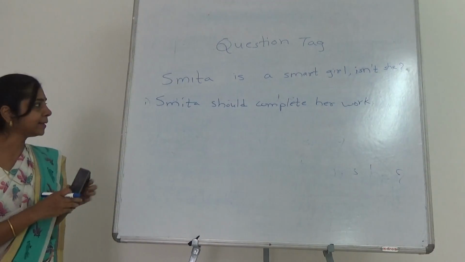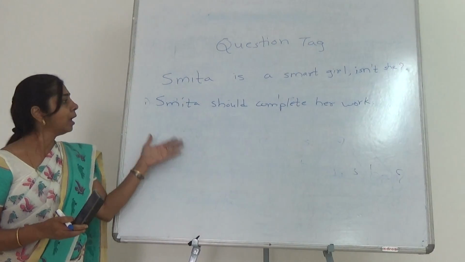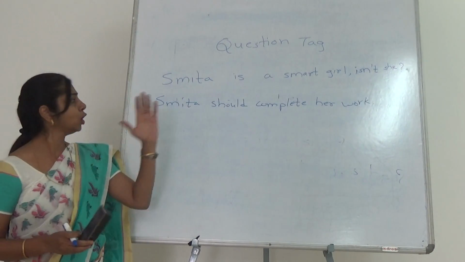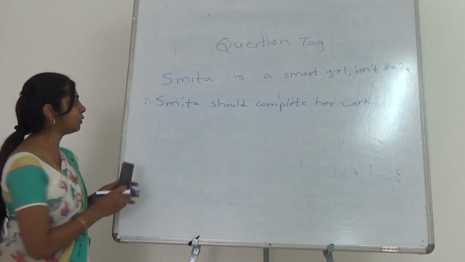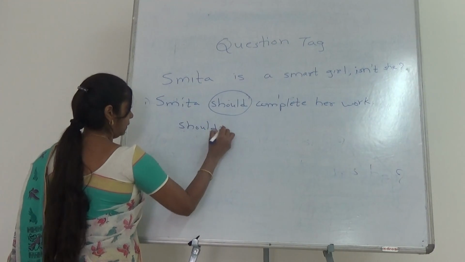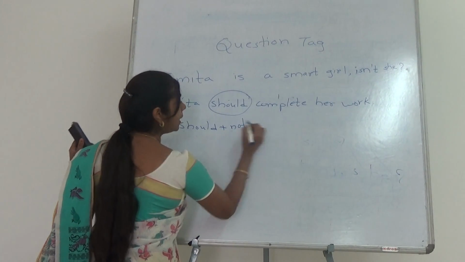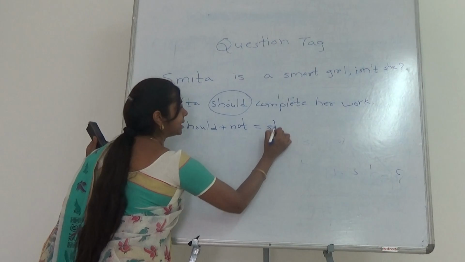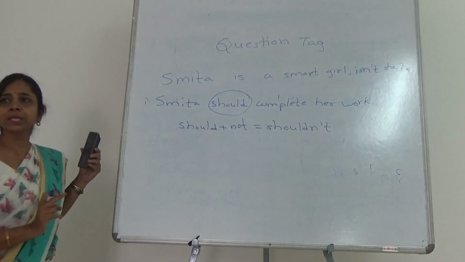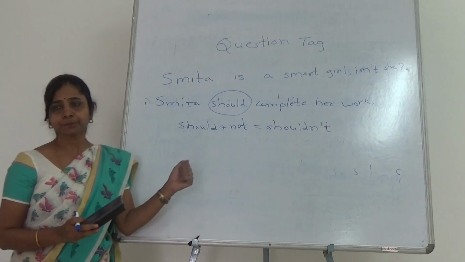Now I have written a sentence, Smita should complete her work, and we have to add question tag in this sentence. Now, as per the rule, if the sentence is affirmative, tag will be negative. So this is an affirmative sentence, so we will take the helping verb should. Let us add not and take its short form, that is shouldn't. And once again for Smita, pronoun is she. So the question tag will be shouldn't she?